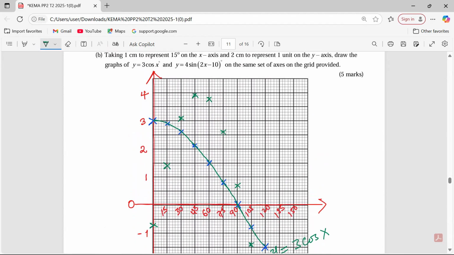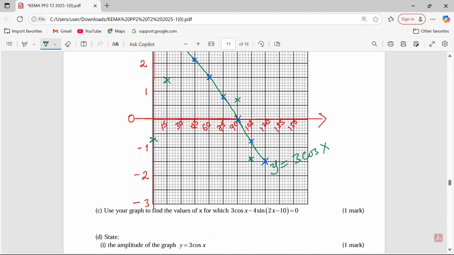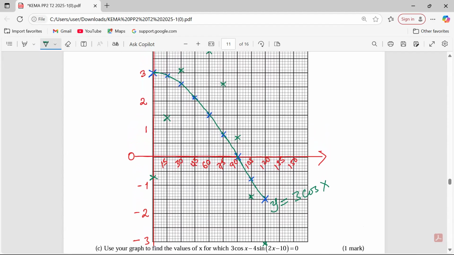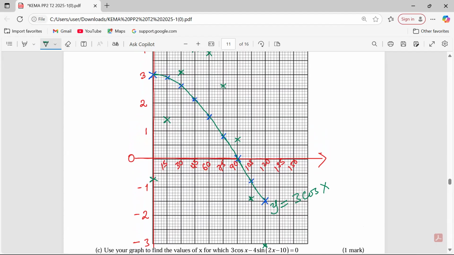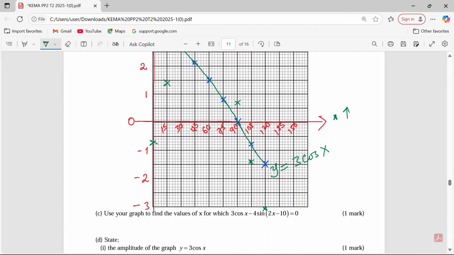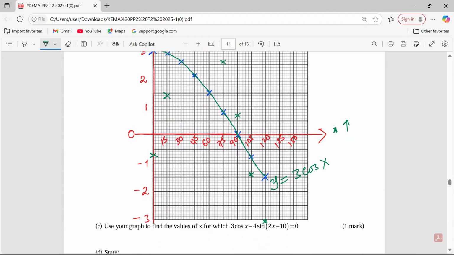So negative 3.1 should be somewhere here. Sorry for that. You're not supposed to plot outside the domain which has been provided. And instead of repeating everything, you should understand that the x-axis should have been plotted slightly above where it is, to give us space for the negative sides of y.